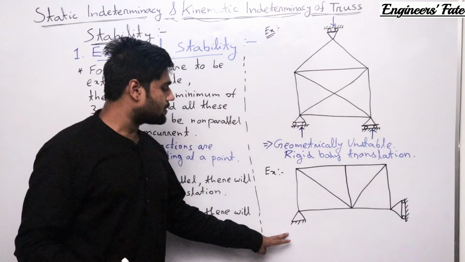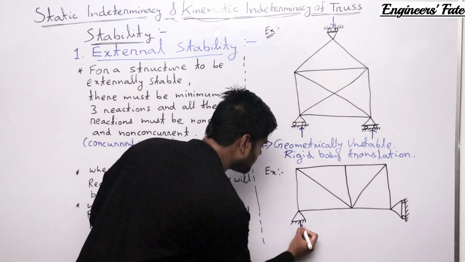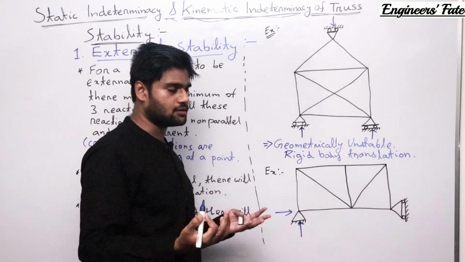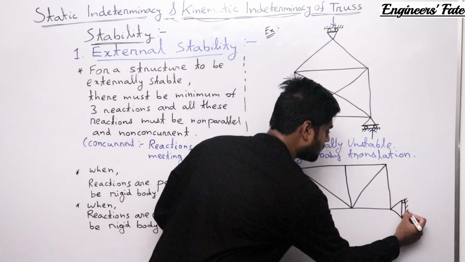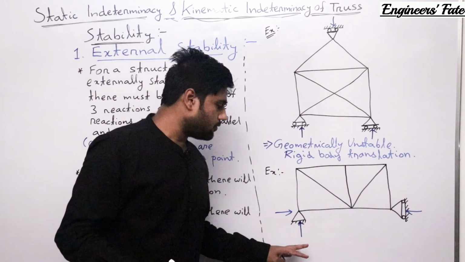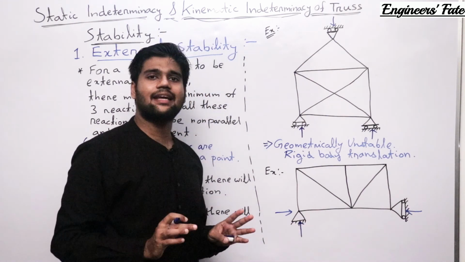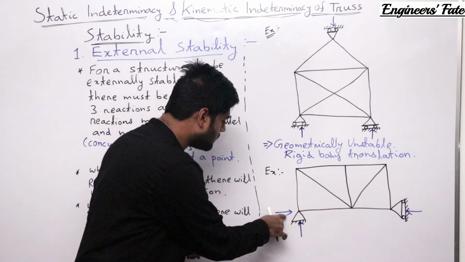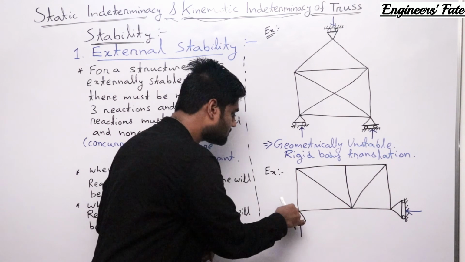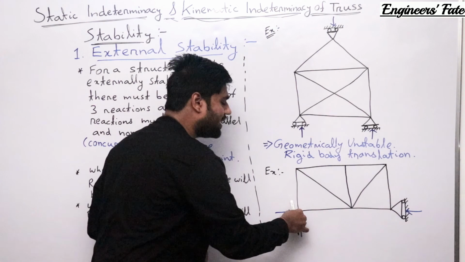So let's discuss this example. How many reactions are there? This is a hinge support, number of forces equal to 2, or reactions are 2. This is a roller support, there will be 1 reaction. If you observe, these 3 reactions are meeting at a point. Suppose this is a point, these 2 reactions are meeting at this point, and this reaction will also meet at this point.